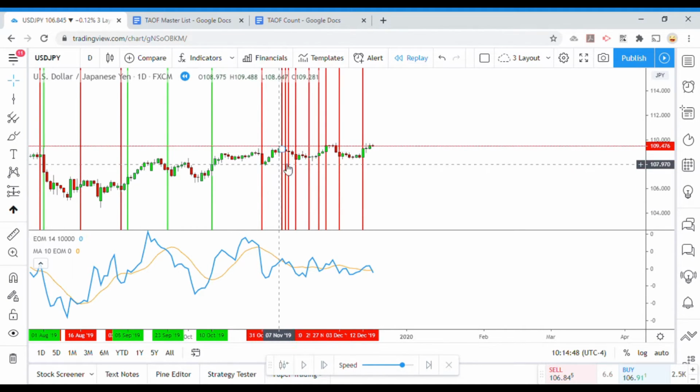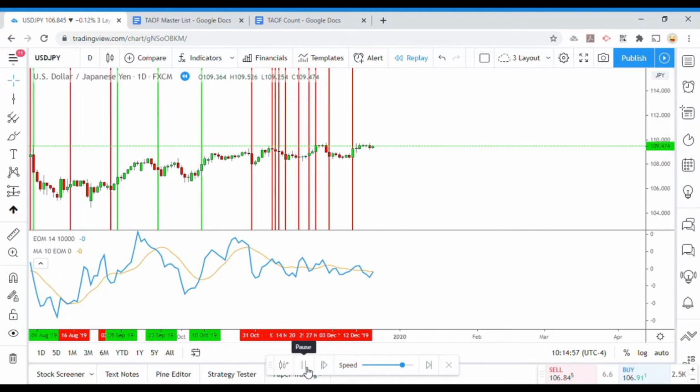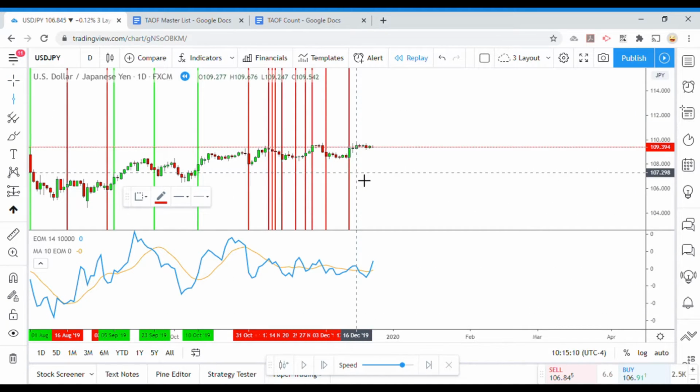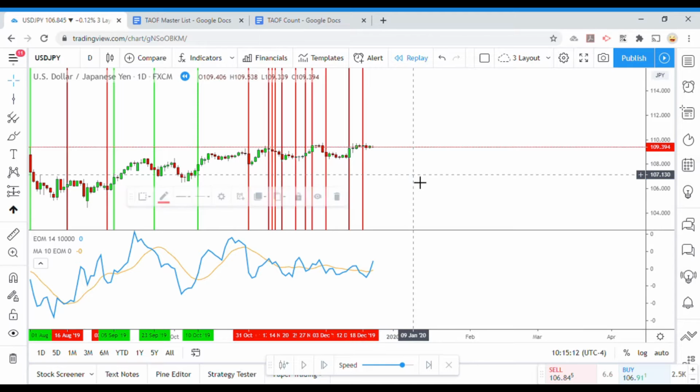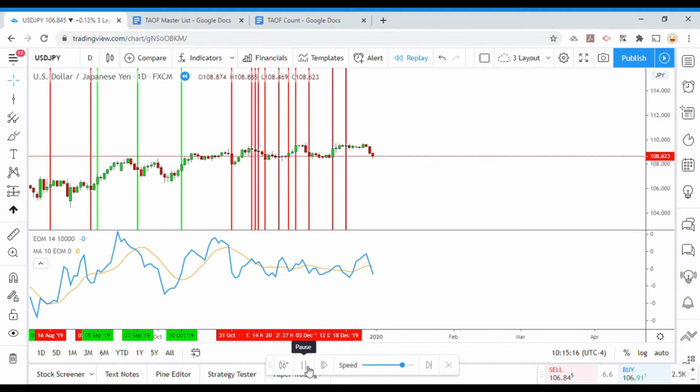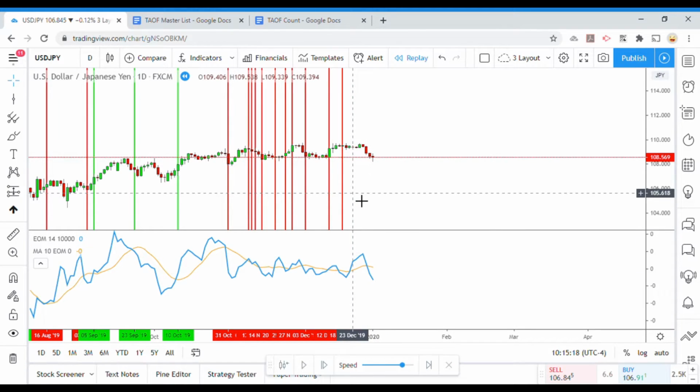This ranging zone here, this chop zone, boy, it just annihilated any chance of this indicator being able to achieve any kind of reasonable win rate, which is really a shame because it was doing rather well there for a minute.